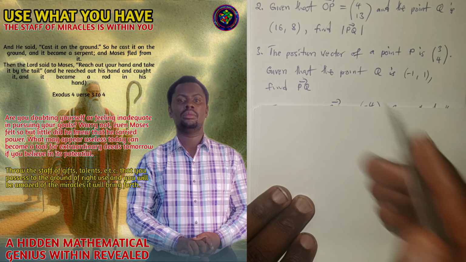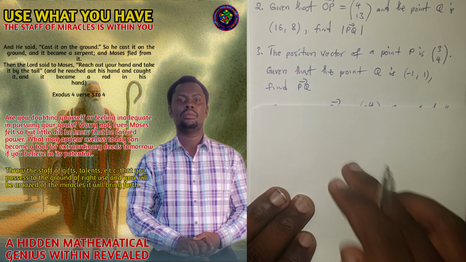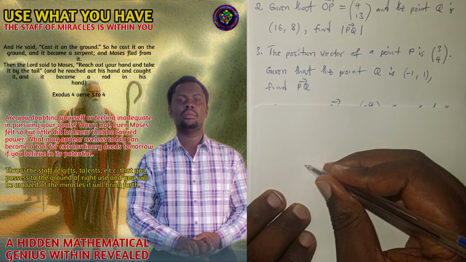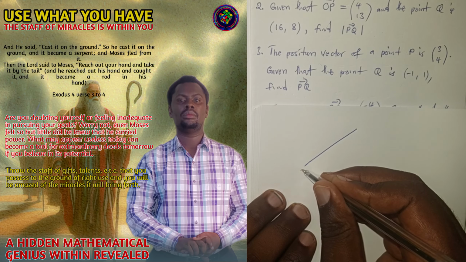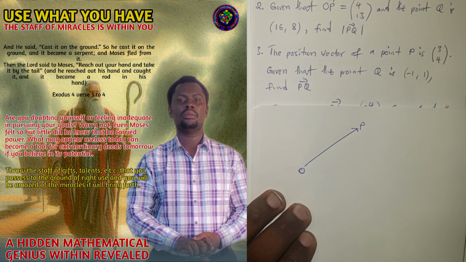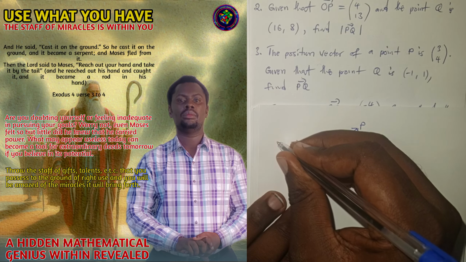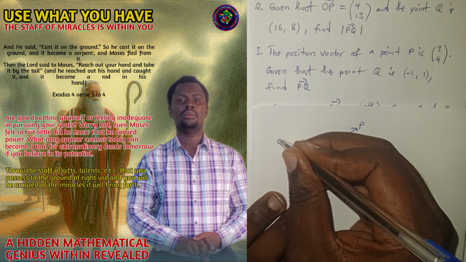We have the position vector of P, that is OP. We start with the origin, so we have something like this, from O to P. That is the position vector P. We also need the position vector for Q, that is OQ, (-1, 1). It can be somewhere there. So we can have a Q there.